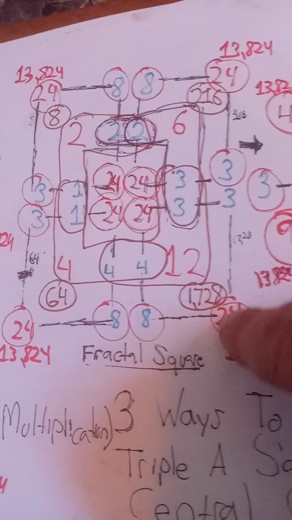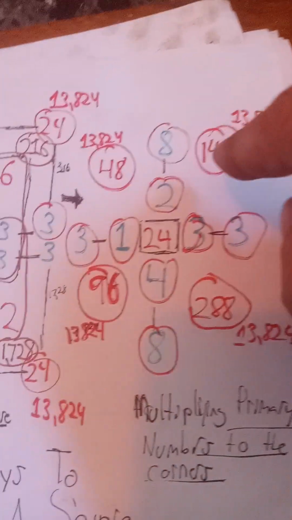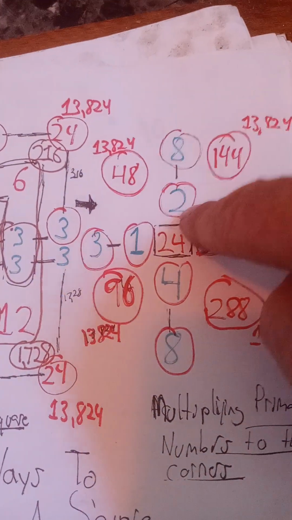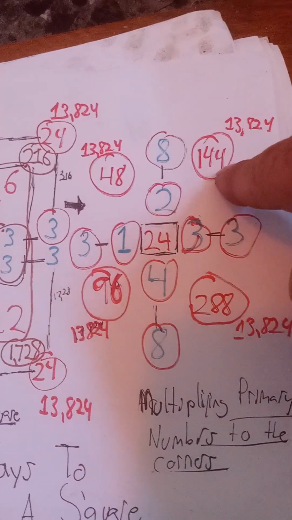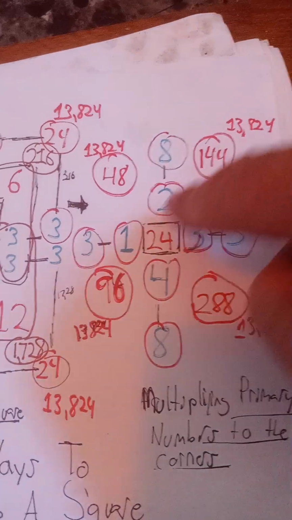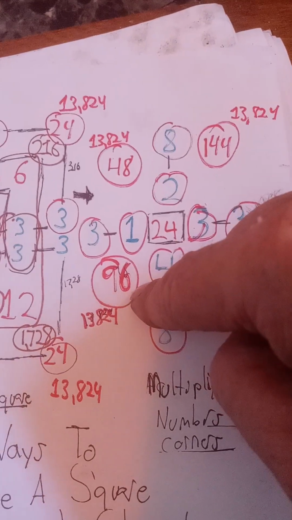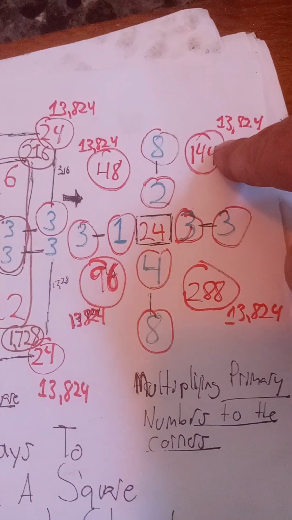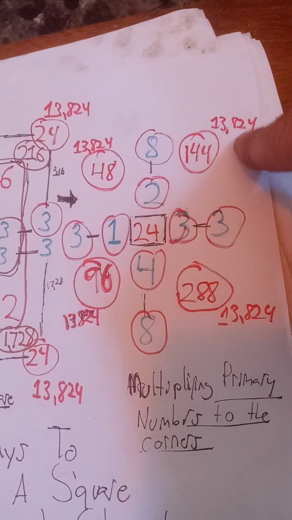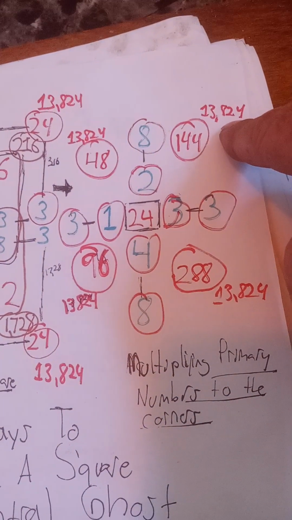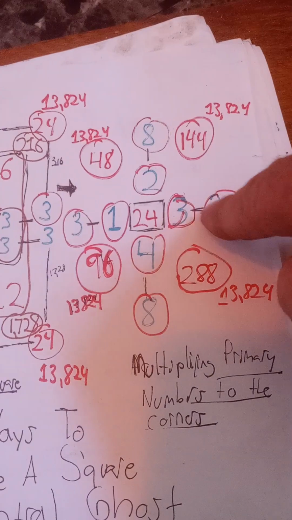That's a fractalized square. Right here, another way of doing it is 8 times 2 times 3 times 3 is 144 up here. 1 times 3 times 4 times 8 is 96. 96 times 144 is 13,824. Same as down here.